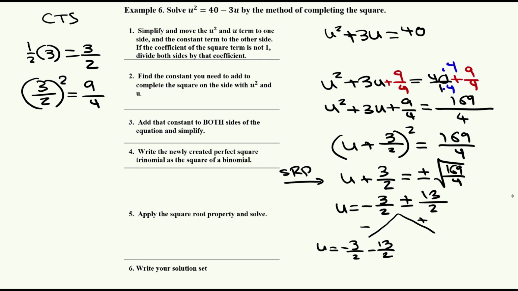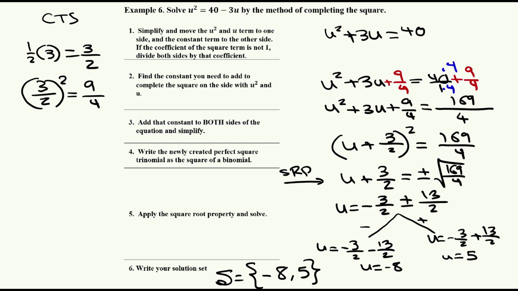And the plus case will give us u equals negative 3/2 plus 13/2. Back to the minus case, we get negative 16/2, so it's negative 8. And on the right, we have negative 3 plus 13, which is 10/2, which gives us u equals 5. So now we can write our solution set, which contains negative 8 and 5.